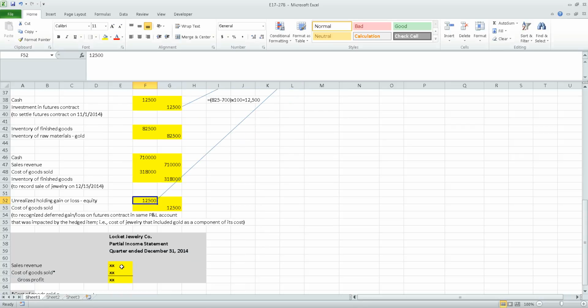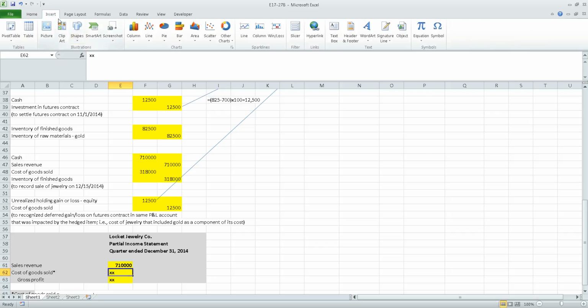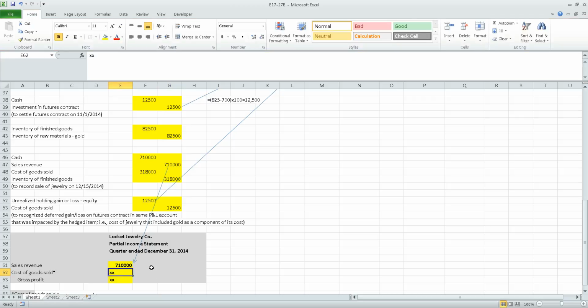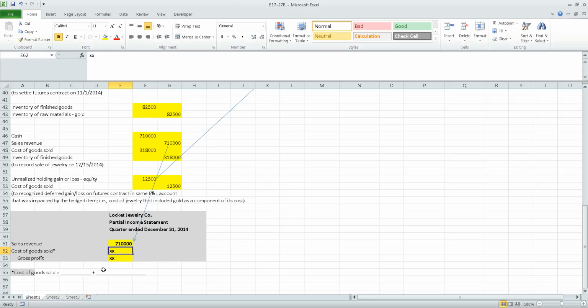So in terms of the impact on our income statement, when you look at the income statement for the quarter ended December 31st, 2014, we're going to have sales revenue from this journal entry of $710,000. And we're going to have cost of goods sold. Okay, our cost of goods sold now is going to consist of two components here.